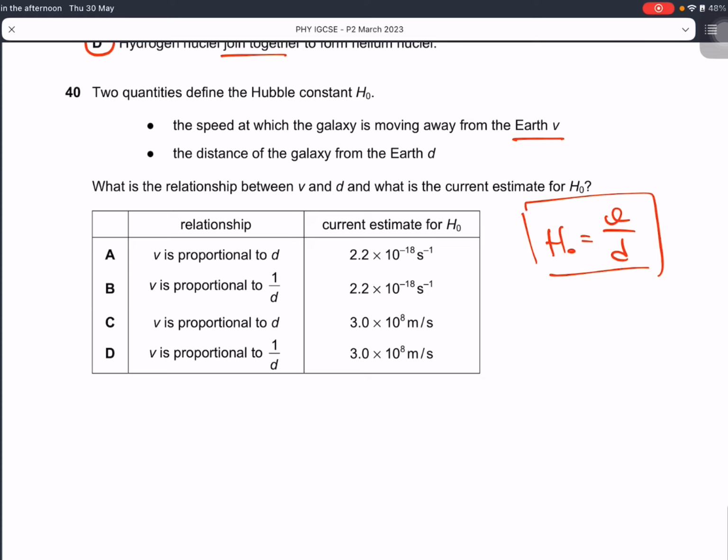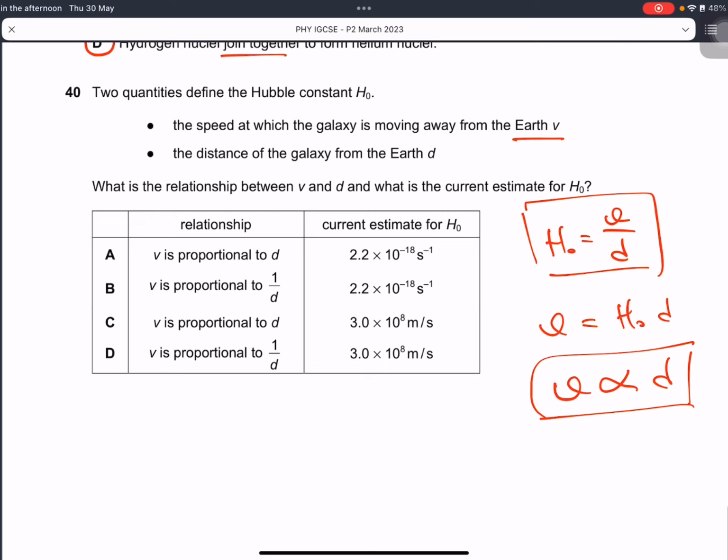So how is V related to D? H0 is always constant, so V equals H0 times D. So we can see velocity is directly related to distance here. This is correct. So B and D are wrong.